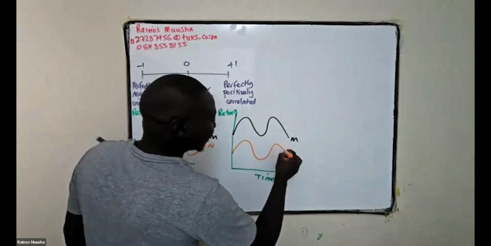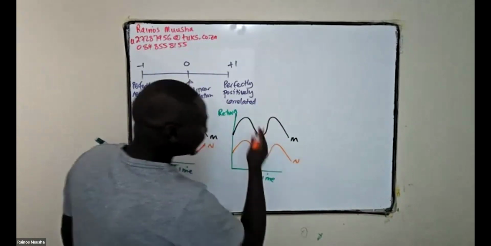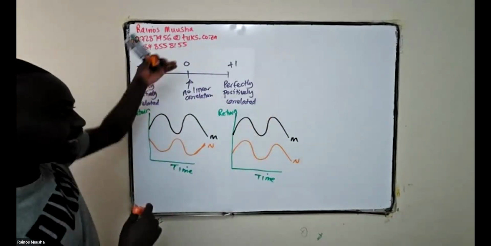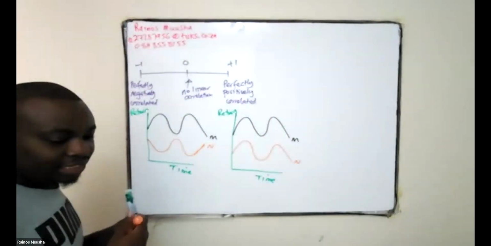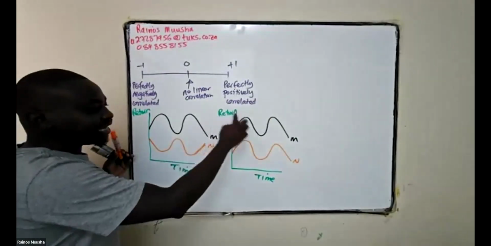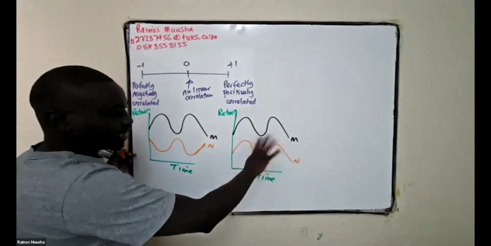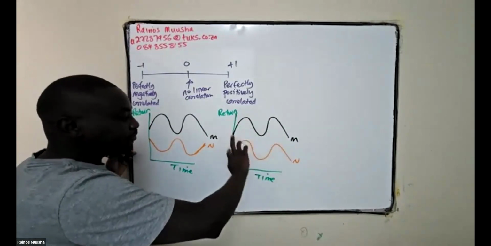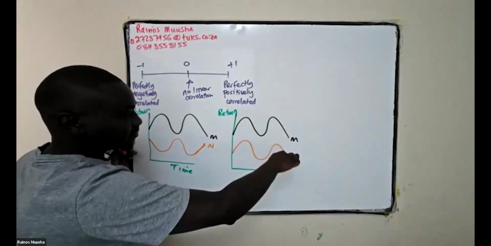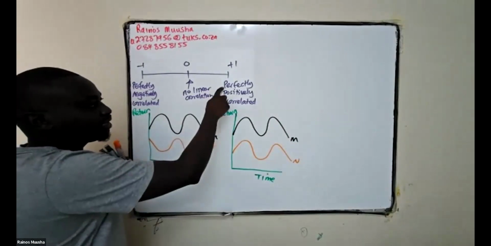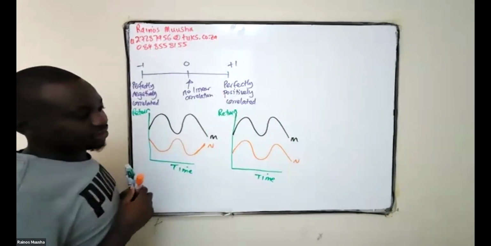So even if asset M is at a higher return or asset N is at a lower return, if they are moving in exactly the same pattern, we say they are perfectly positively correlated.